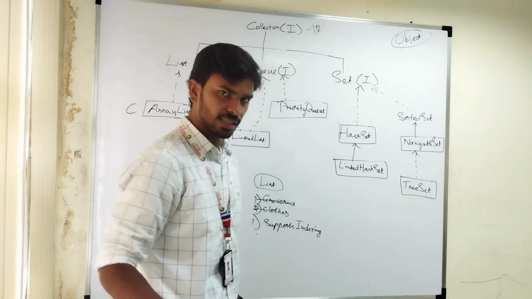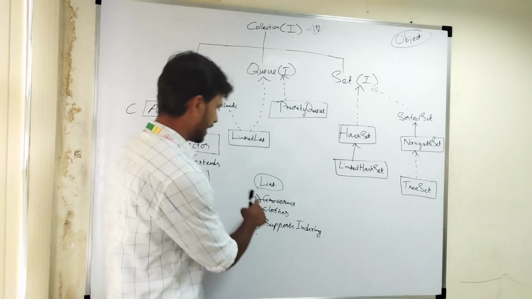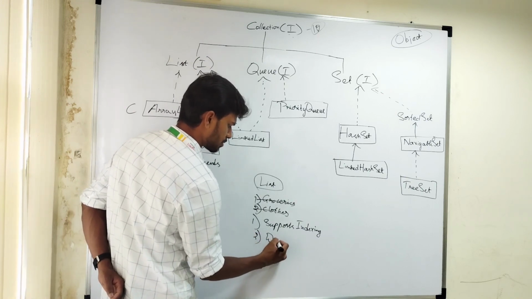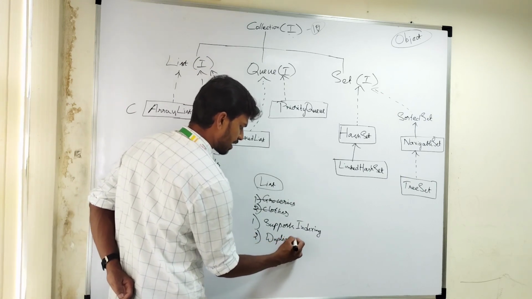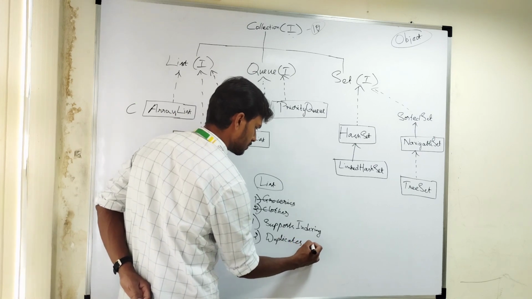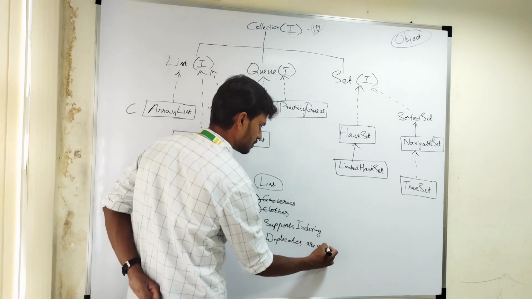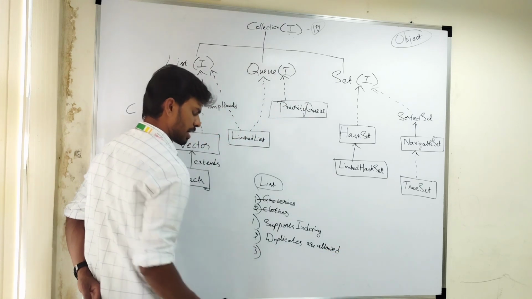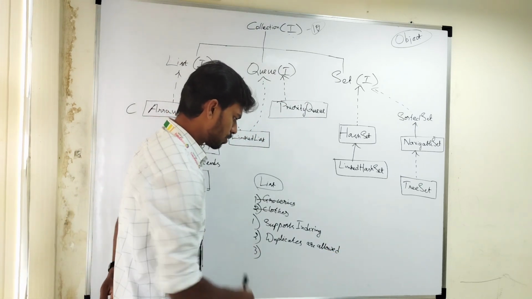Right. And the next characteristic of list is that duplicates are allowed.